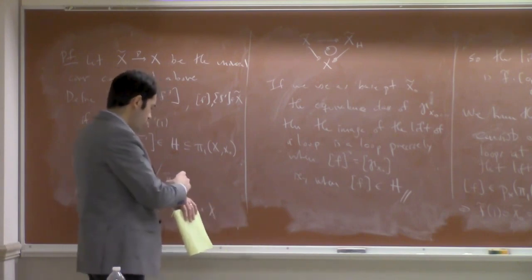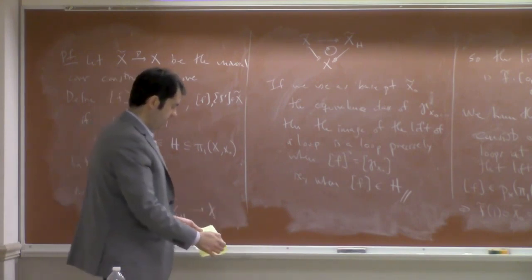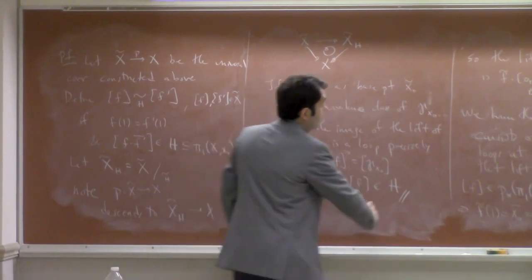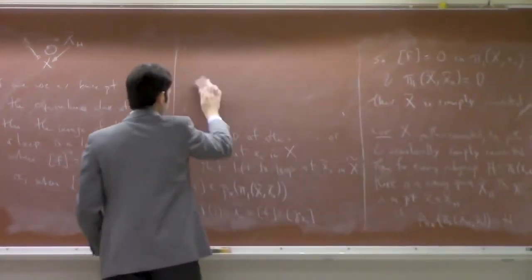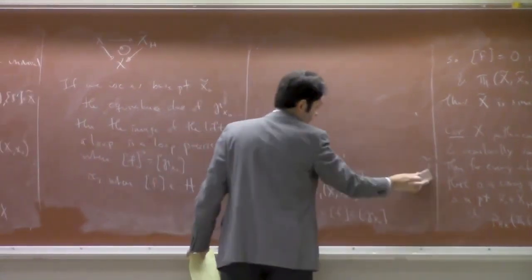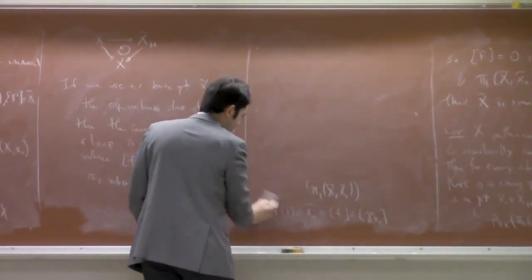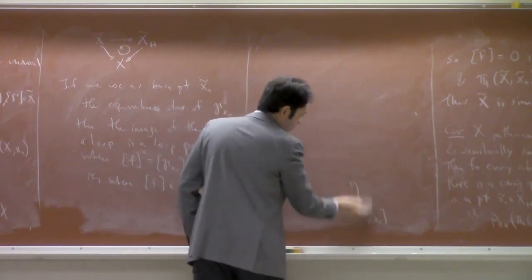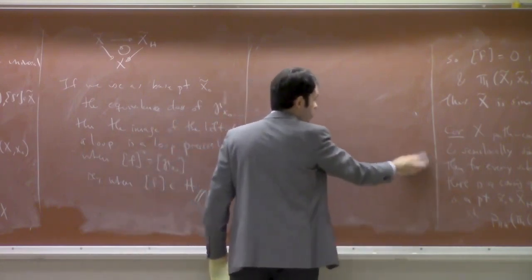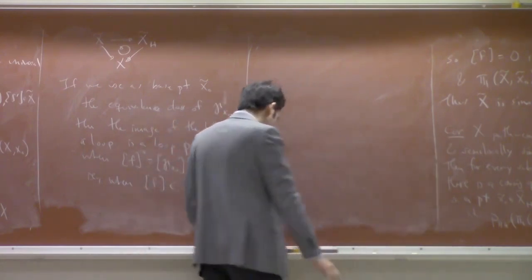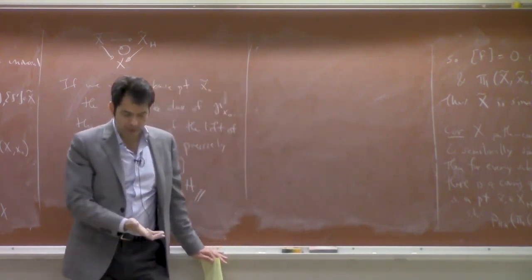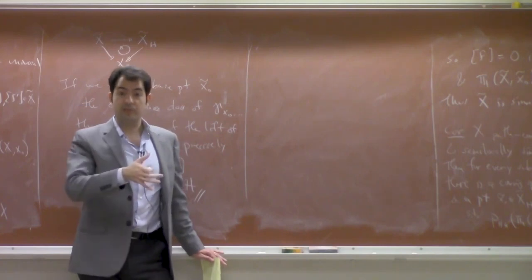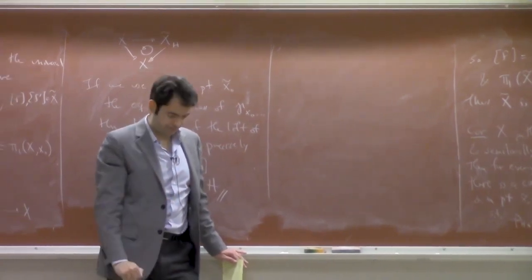Okay, so let's do an application. So here's an application to algebra. Let's go back to the example we had last time of cover of the bouquet of two circles. Right? So when we were looking at that, I pointed out that because we had a graph, the covering space had to be a graph itself.